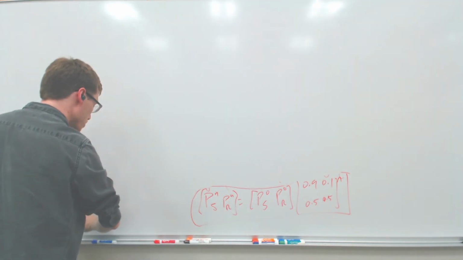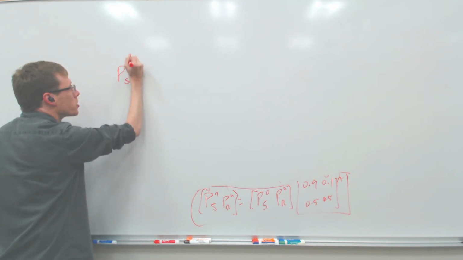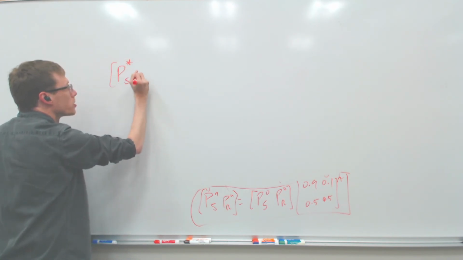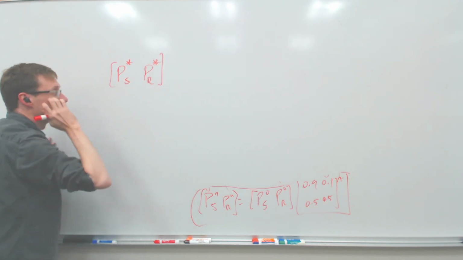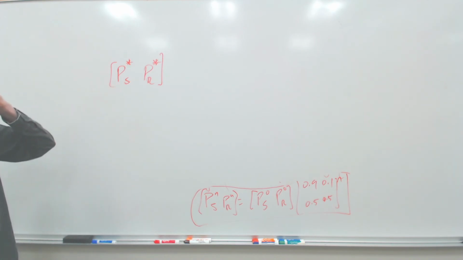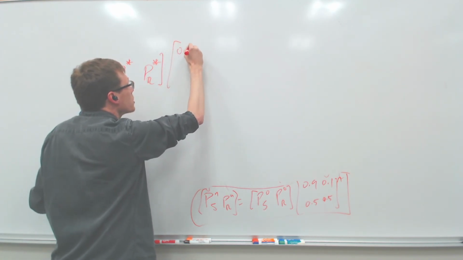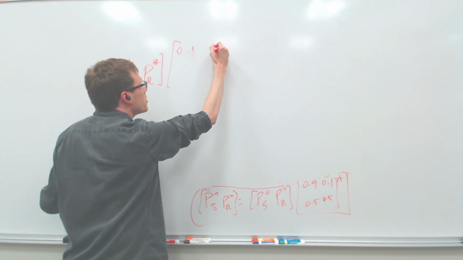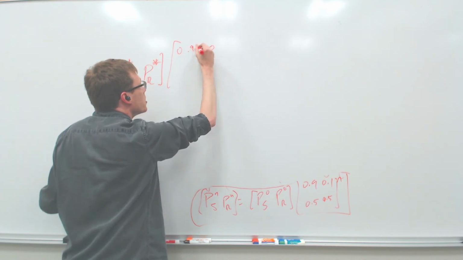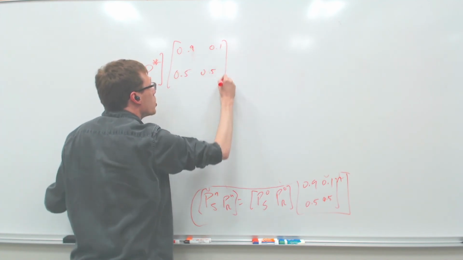Because what we know is that, let's suppose we label our equilibrium P star, which should be 5/6 and 1/6 is what we expect. And if we multiply it by the matrix, let's say we take it forward a day, this was 0.9, 0.1, 0.5, 0.5. What do we get?